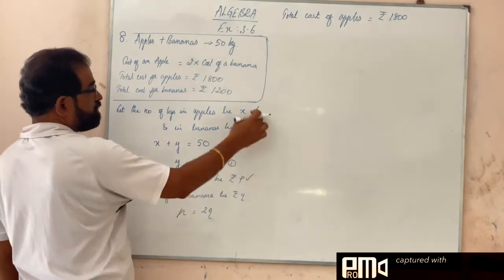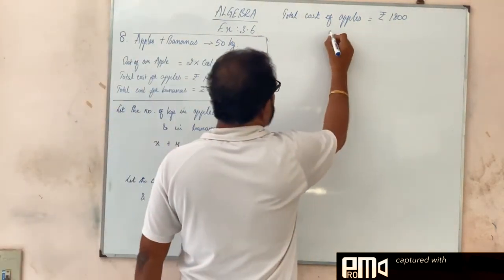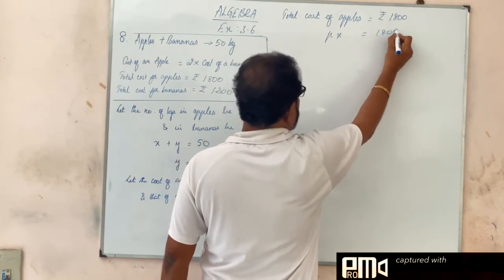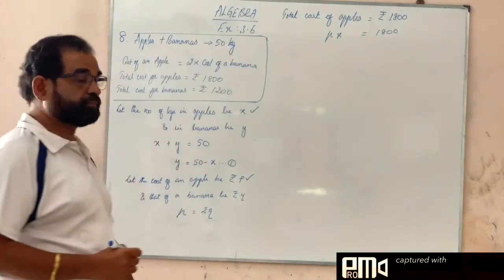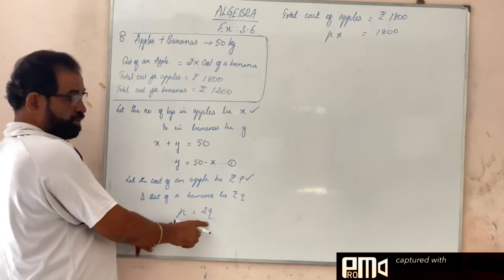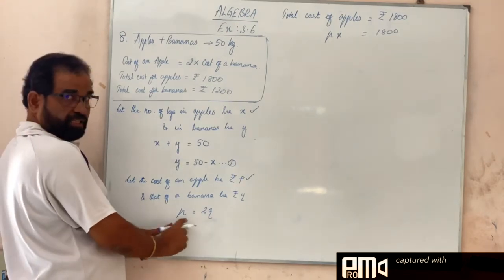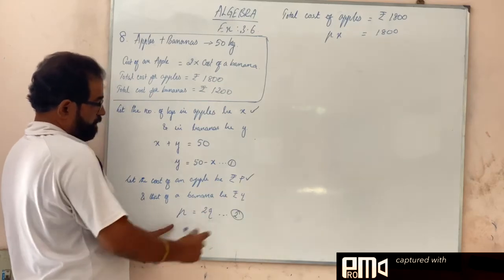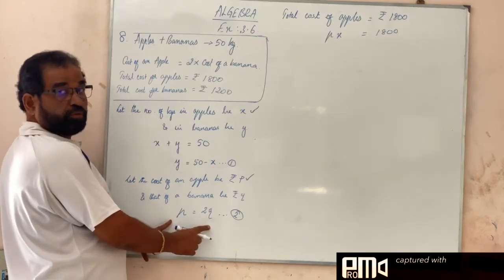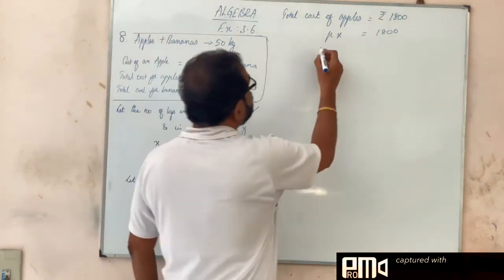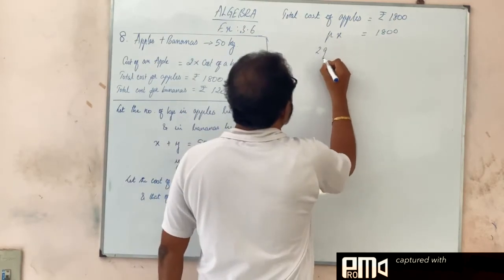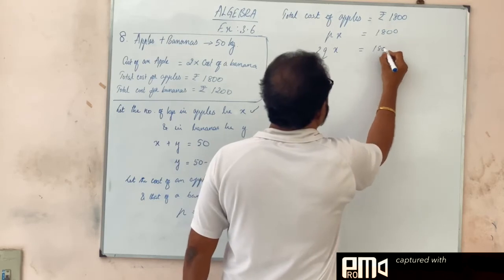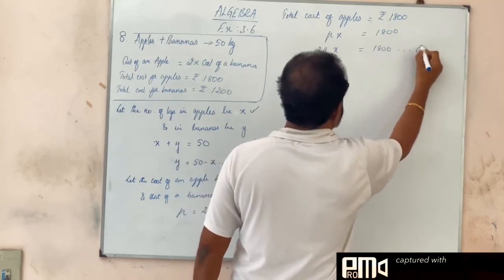So p into x is equal to 1800. For this p we have 2q. I keep this as 2. For this p I am now going to substitute 2q, so 2q into x is equal to 1800. I keep this as 3.